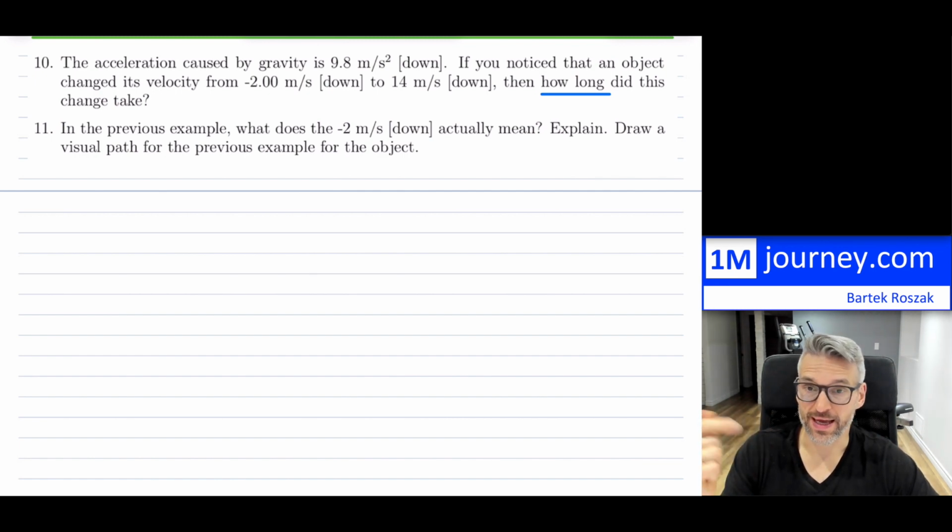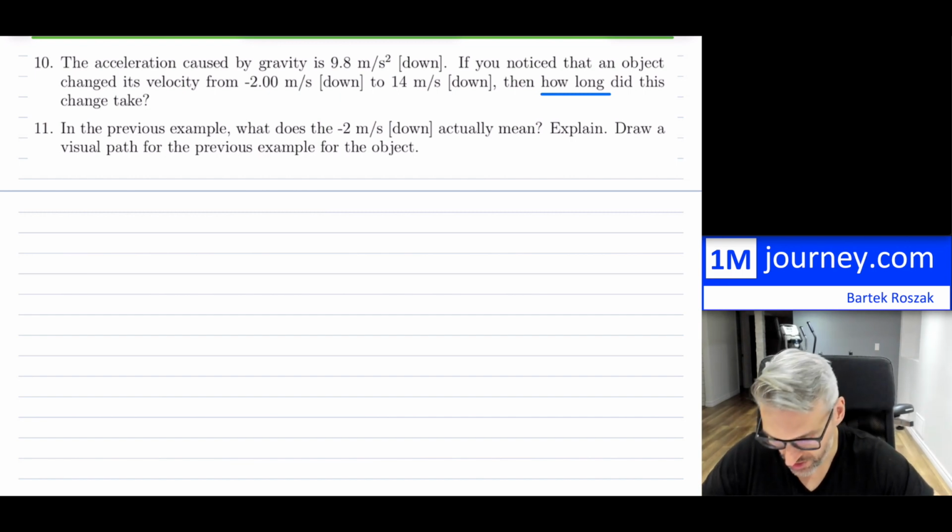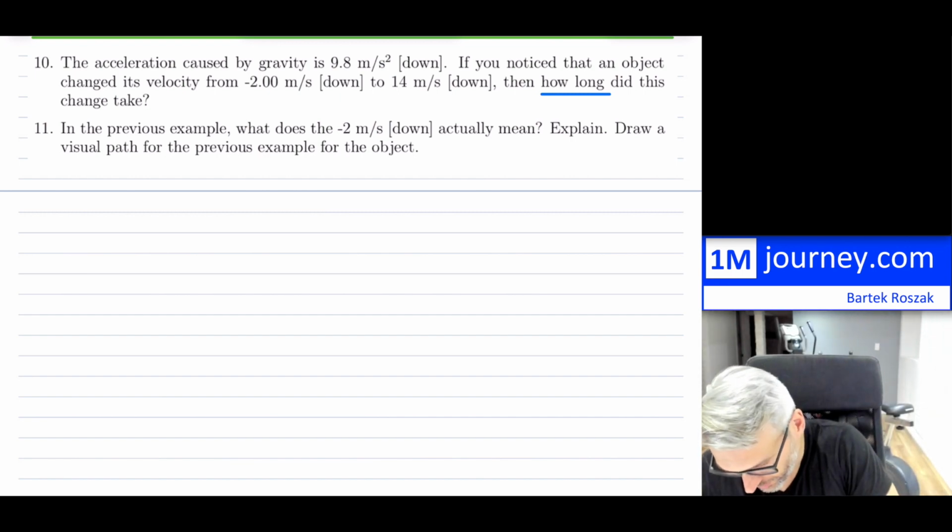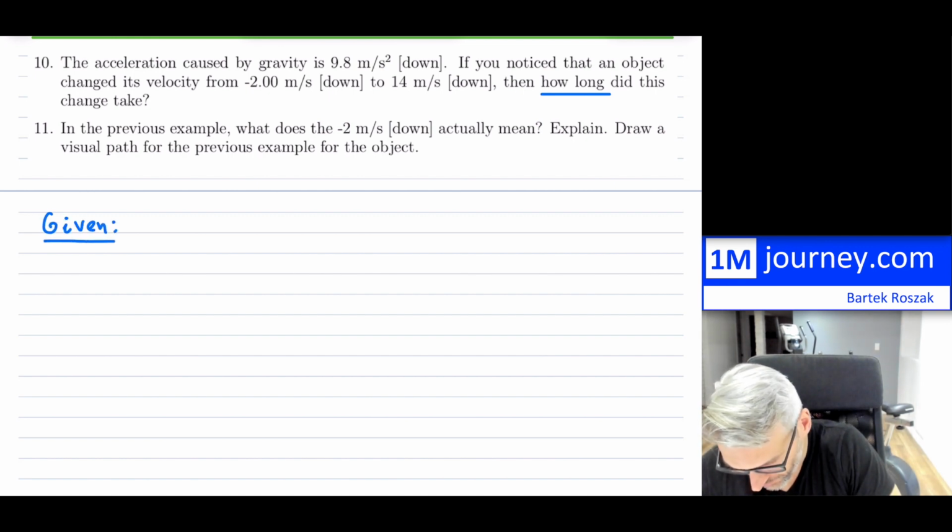Now, in the next component, what's interesting is that they ask us, what does the -2 meters per second down actually mean? This is kind of important and pokes at you if you understand vectors in general. And explain, draw a visual path. So I'm going to tie these two together so that I can answer both questions at once. First of all, if I write down the given information, you have an acceleration.